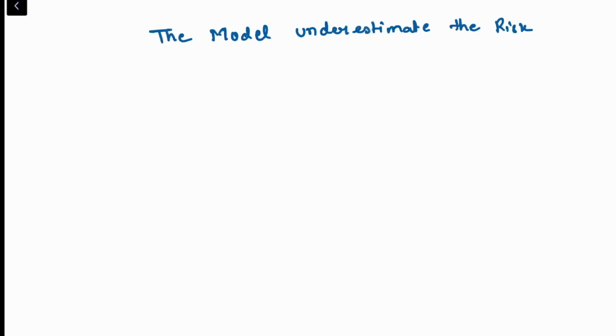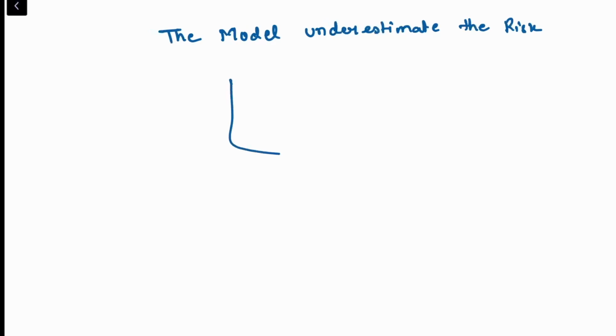That means it predicts smaller losses than actually occur. If the model is underestimating the risk, it predicts smaller losses than actually occur. In this case, your PIT values will cluster near zero, over here. Maximum values will stay around here. Why?